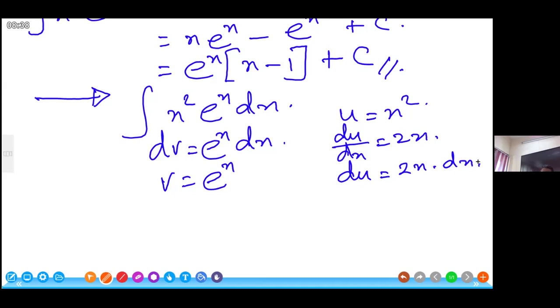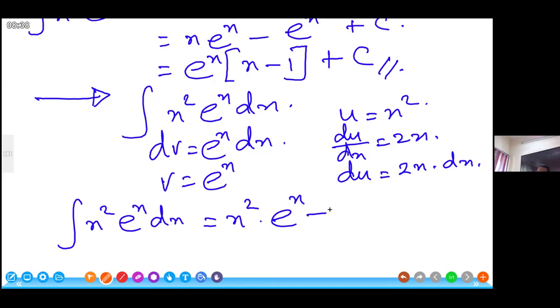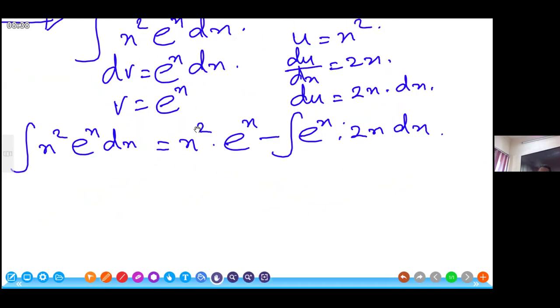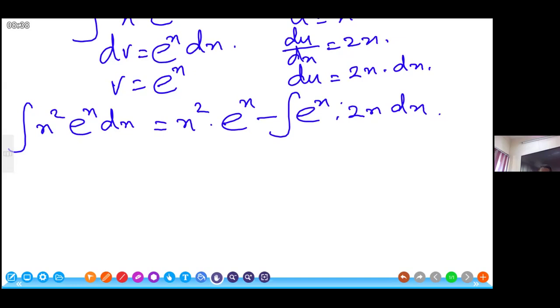Now fill the blank. Integration of x squared e to the power x dx is equal to u, that is x squared, into v, that is e to the power x, minus integration of v, e to the power x, into du. du is given as 2x dx. Now we want to solve what is on the right side of the equation: x squared into e to the power x minus integration of this.